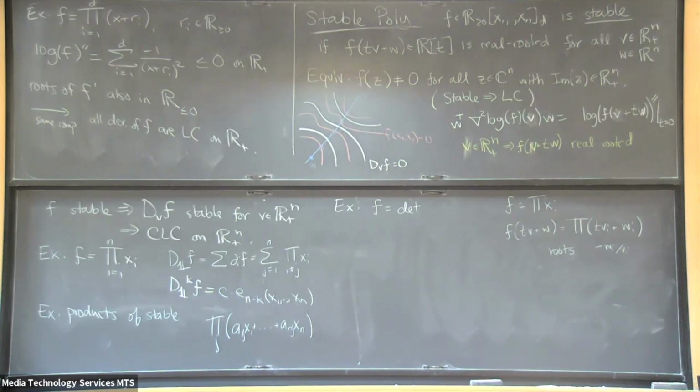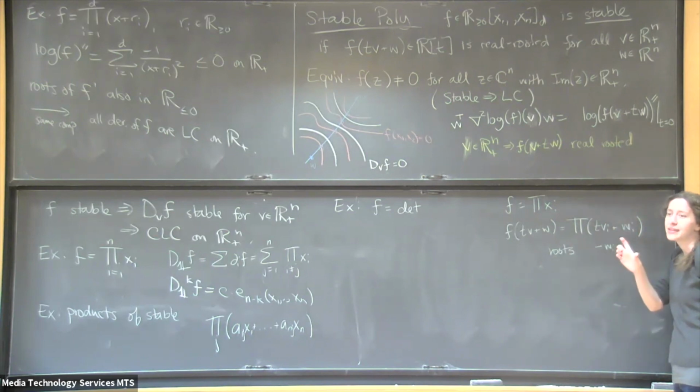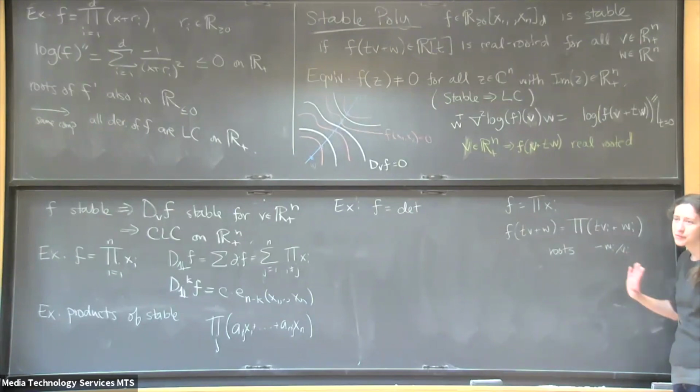Okay. And I guess in the computation here, you just need around t equals 0 that f is non-zero, and that's enough. So you don't necessarily get something with all roots of a given sign, but it's fine.